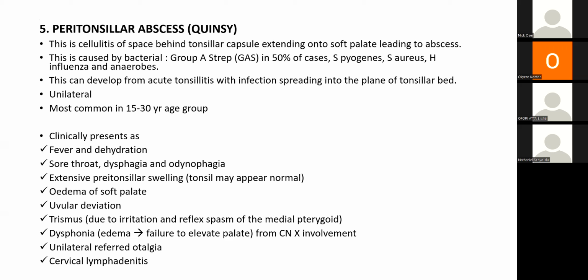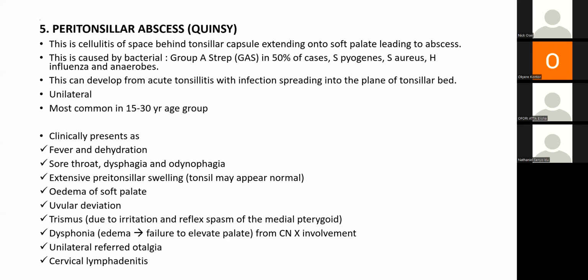As a result of where the tonsils are situated, and the fact that you remember the branches of the facial nerve, there is a branch that supplies the buccal cavity.